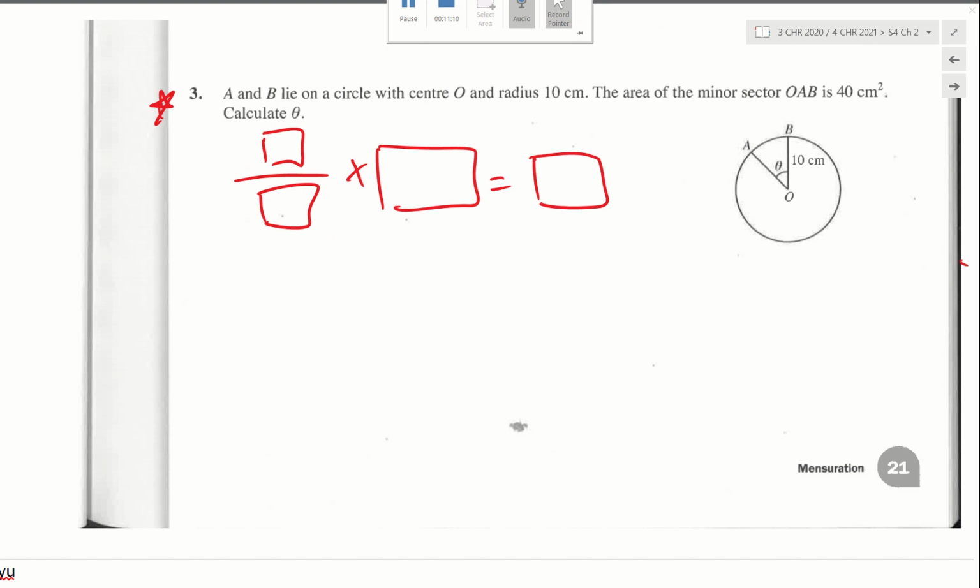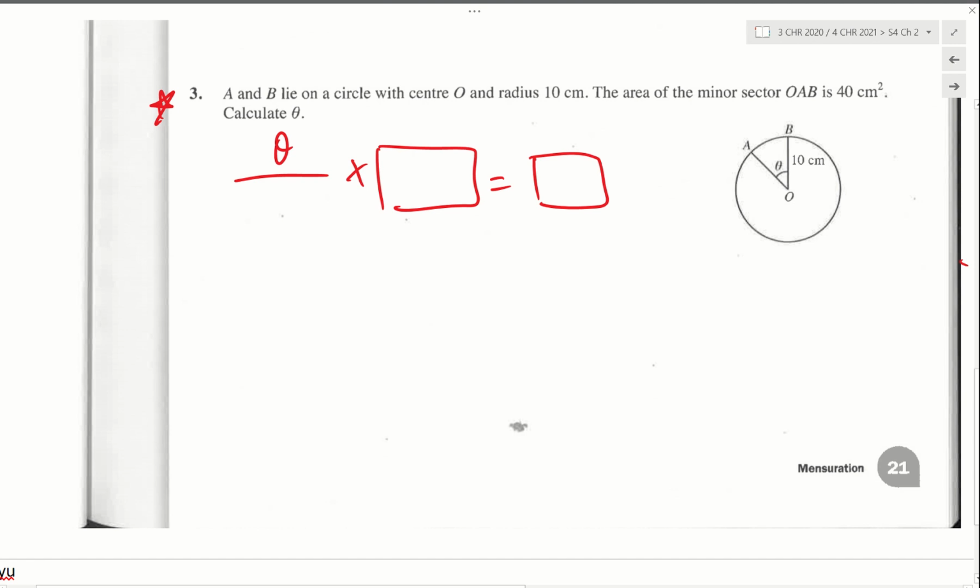Okay, fill in the blanks. The first blank, what is the angle in the numerator? We don't know the value. There is a theta. Okay, so it is theta. Theta out of, what is the total angle in a circle? 360. Then multiply by pi r squared.